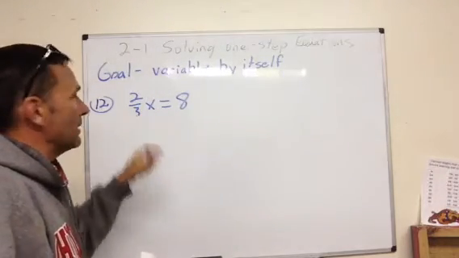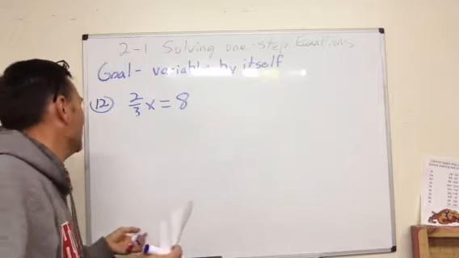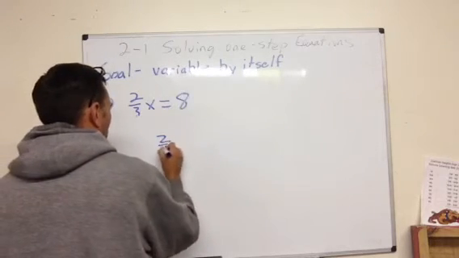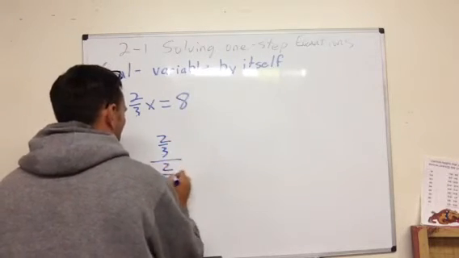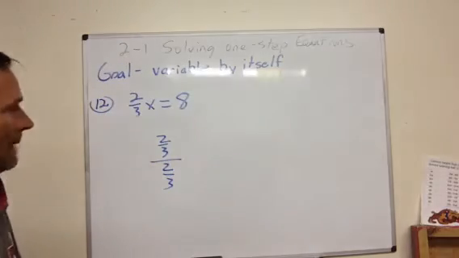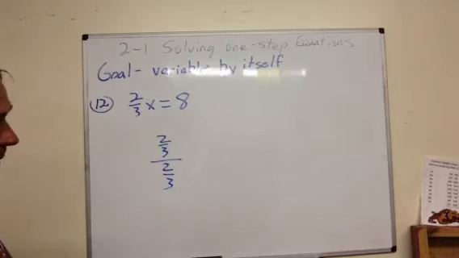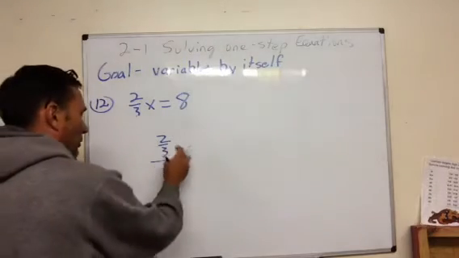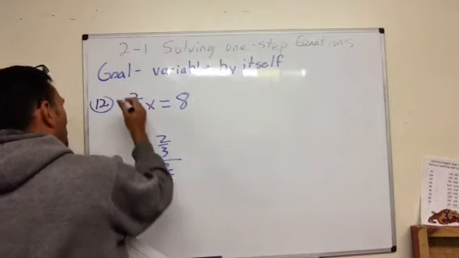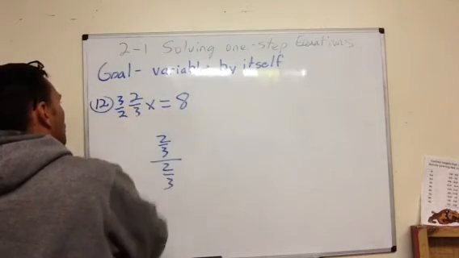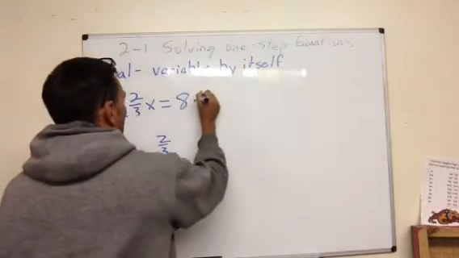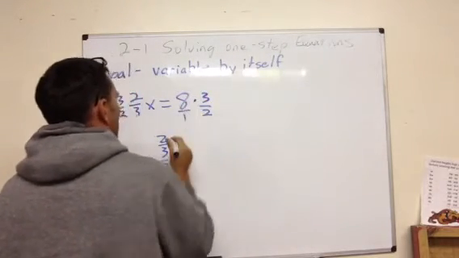So we have to divide by 2/3, but wait a minute. We have to go 2/3 divided by 2/3. That's a mess. So if you think back to middle school, when you were dividing fractions, or in 5th and 6th grade when you first started, when you divide by fractions, we're actually multiplying by the reciprocal, which would be 3 over 2. And multiply by 3 over 2 here.